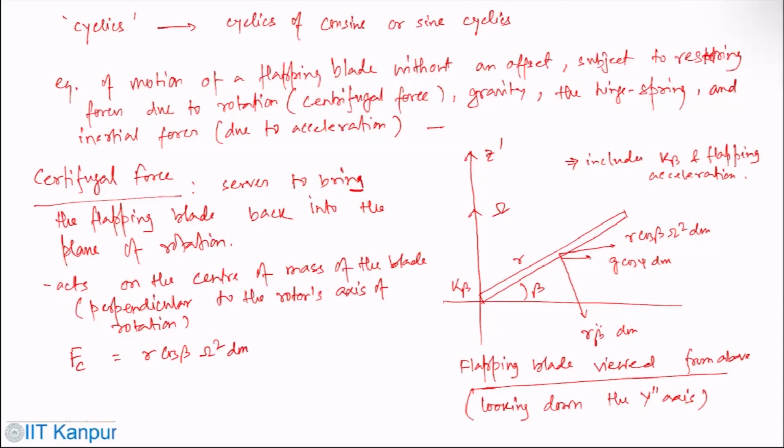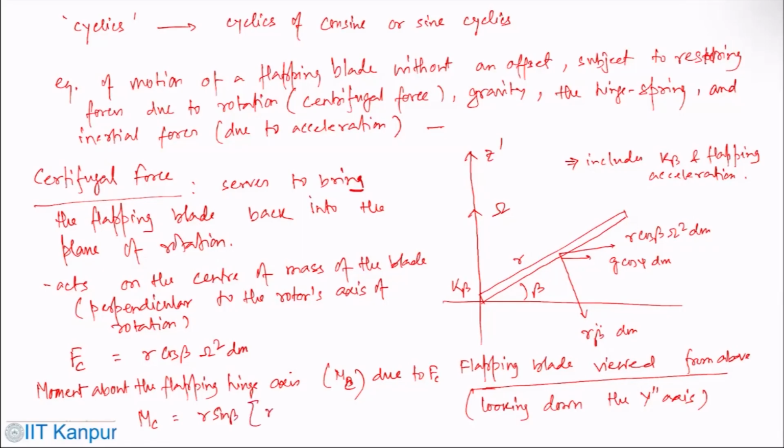Okay. And the moment about the flapping hinge axis, which is Mc, due to Fc, we get Mc equals R sine beta times R cos beta omega square dm.